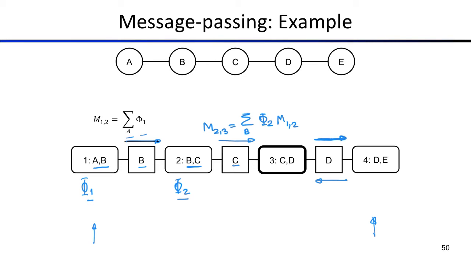But technically, there is no issue, because as soon as cluster 3 has received the message 2 to 3, it is allowed to send the message from 3 to 4. No issues at all. When you do that, we call this algorithm the forward algorithm. It's very popular in hidden Markov models, like we saw.